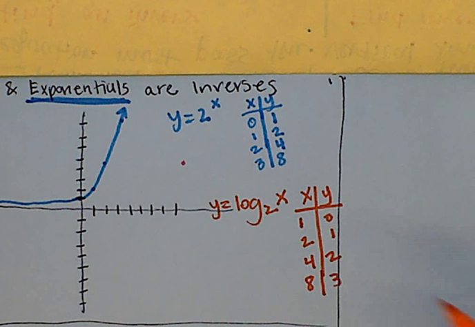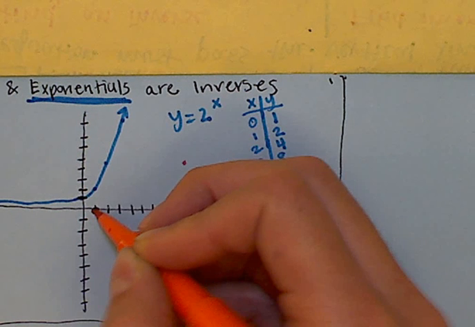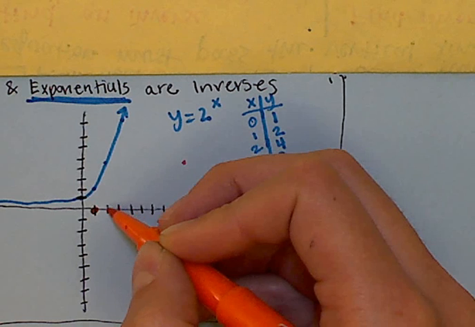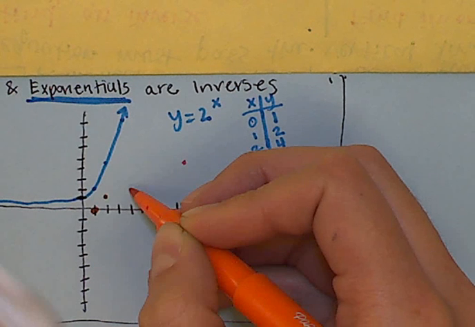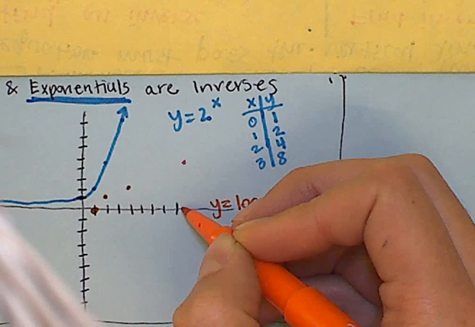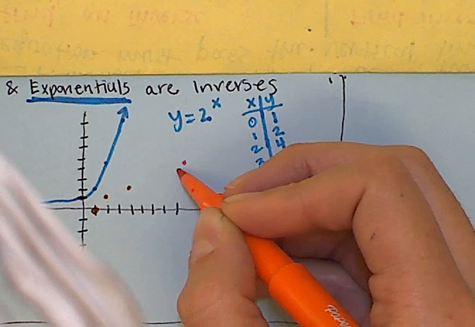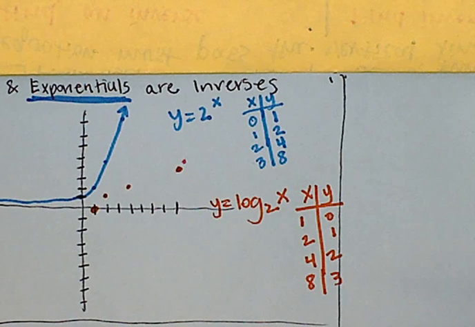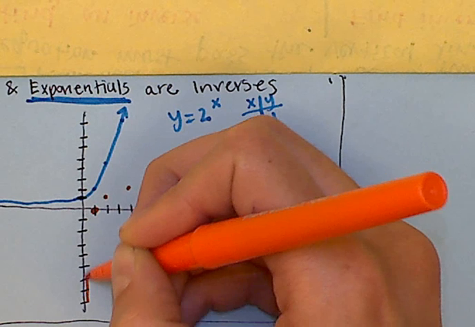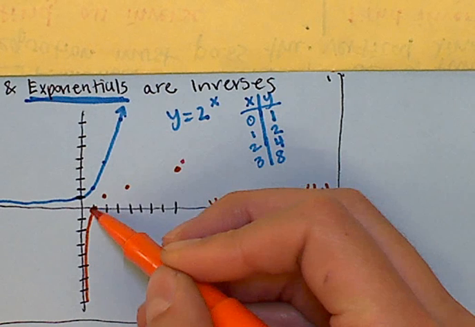So (1, 0), (2, 1), (4, 2), and (8, 3) is here. This one never crosses your y-axis, so it goes up like that.